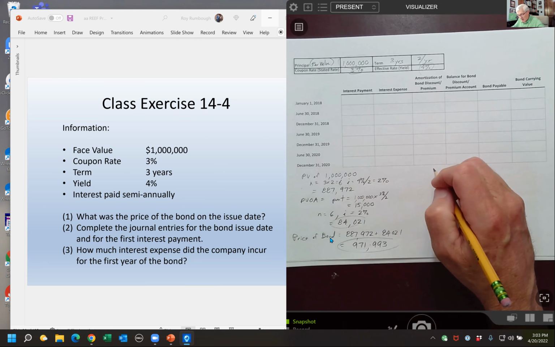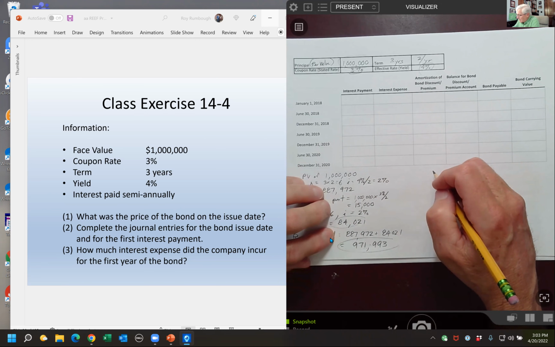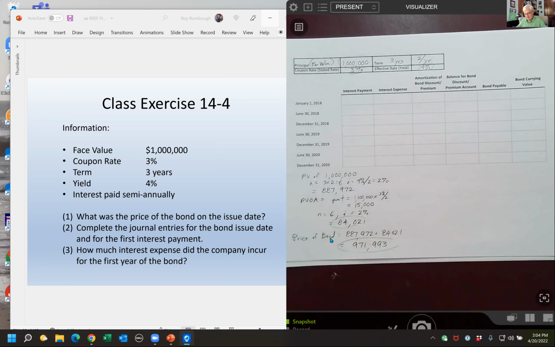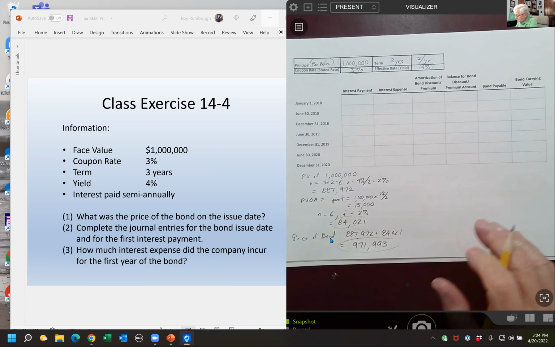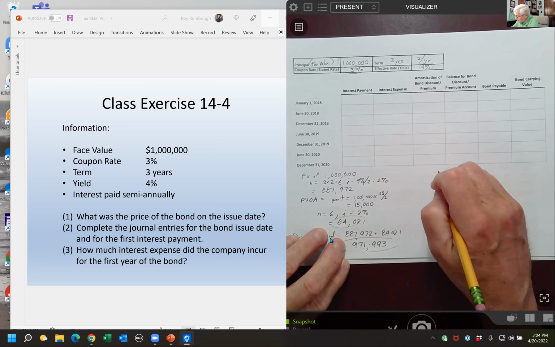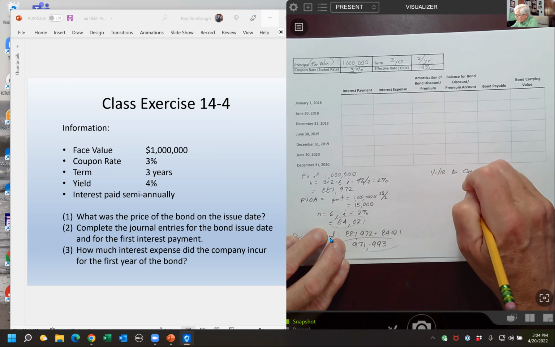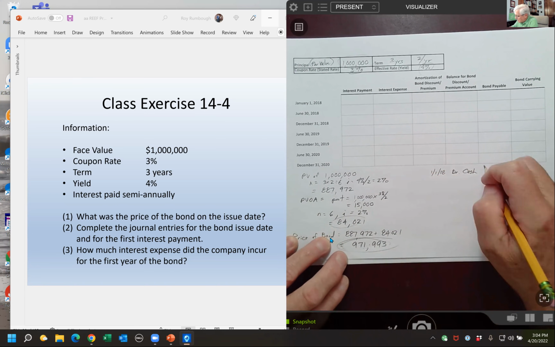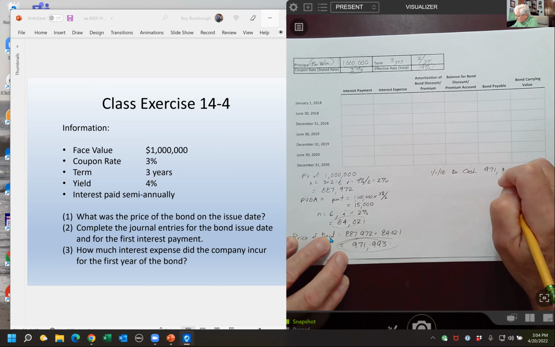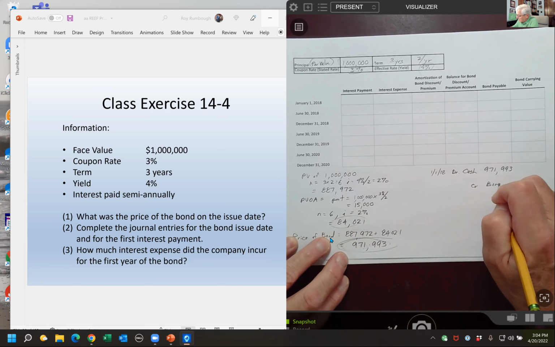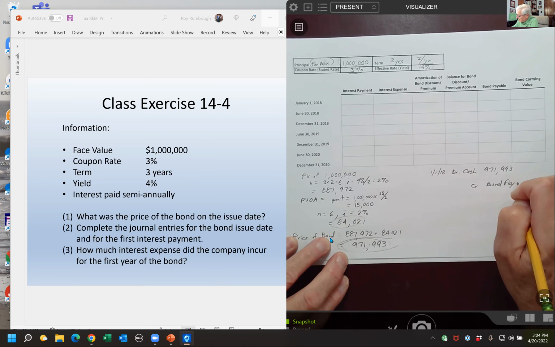So let's go do our entry. Maybe the first thing would be good to do that entry. On 1/1/18, debit cash for how much? 971,993. Credit bonds payable for $1 million.